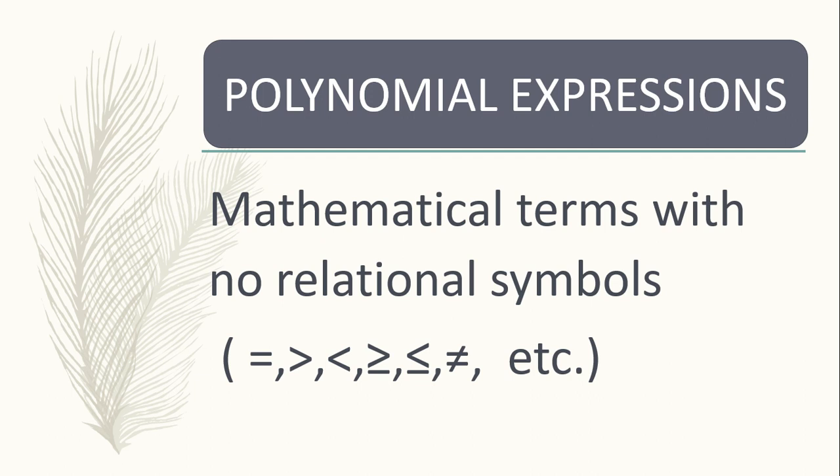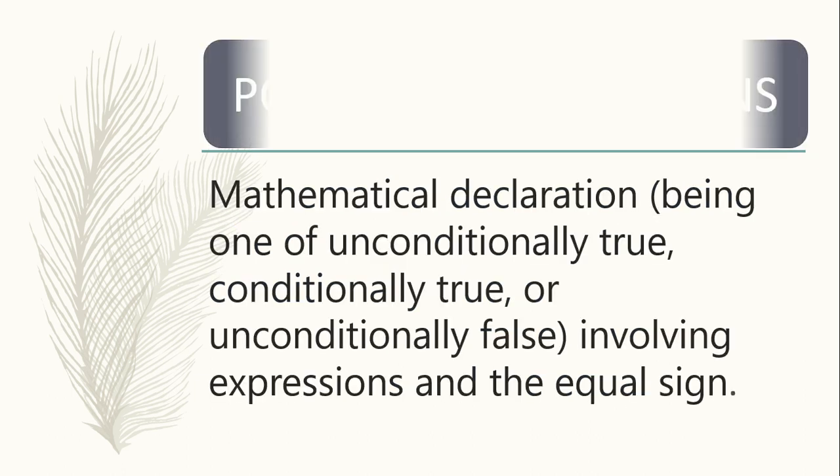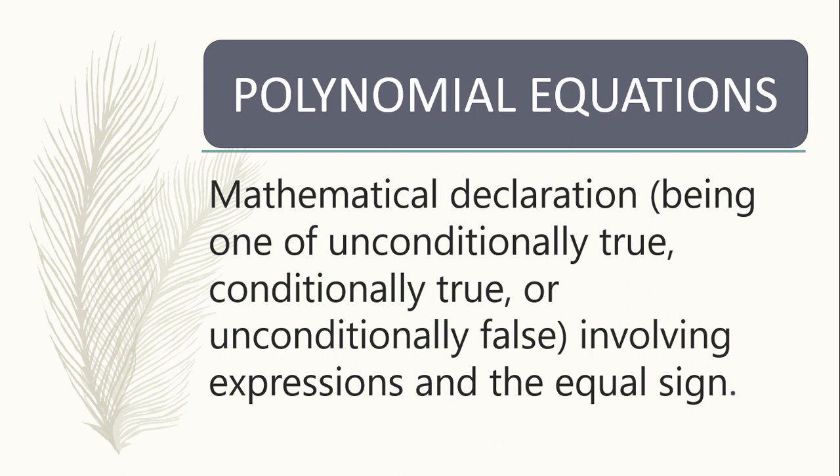Polynomial expressions in this way are described by identifying the number of terms. Secondly, polynomial equations. These are mathematical declarations being one of unconditionally true, conditionally true, or unconditionally false, involving expressions and the equal sign. When we refer to polynomial equation, this could mean linear equation, quadratic equation, cubic equation, and so on.